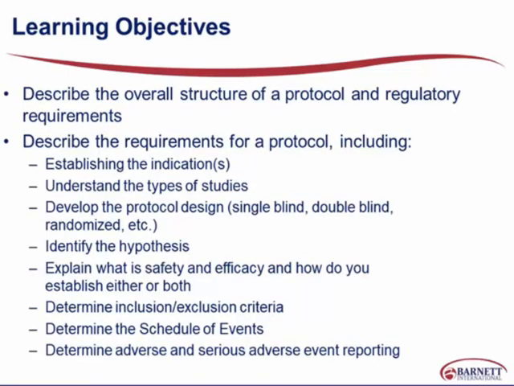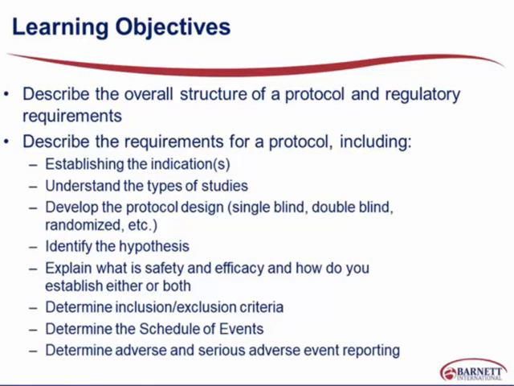informative as possible. So we're going to talk about the overall structure of the protocol, some of the regulatory requirements. What do you have to include in the protocol? Things like establishing indications, understanding the types of studies so that you know how to actually organize the protocol in an appropriate fashion so you can get your data collected so that it can be analyzed.